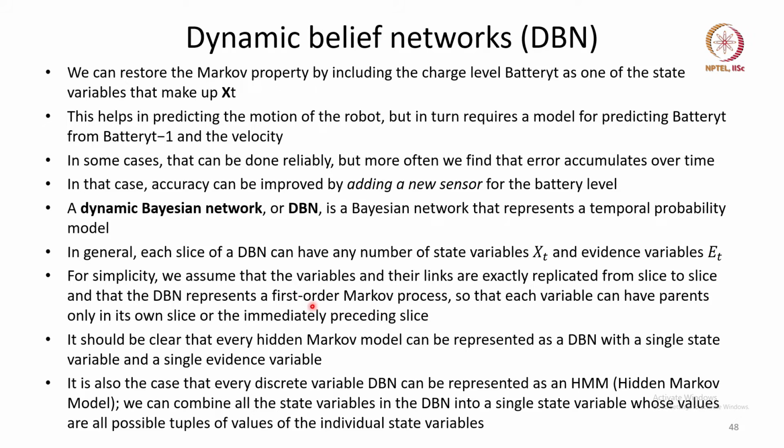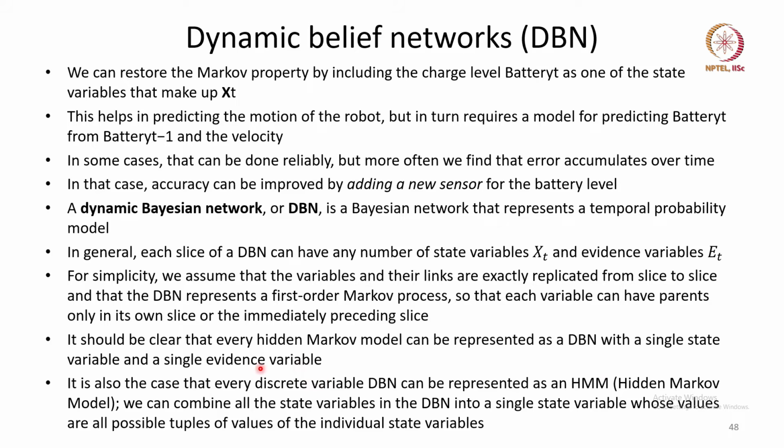So you can look at it also like a hidden Markov model. You could also represent it as a hidden Markov model. In other words, every hidden Markov model can be represented as a DBN, with a single state variable and a single evidence variable.